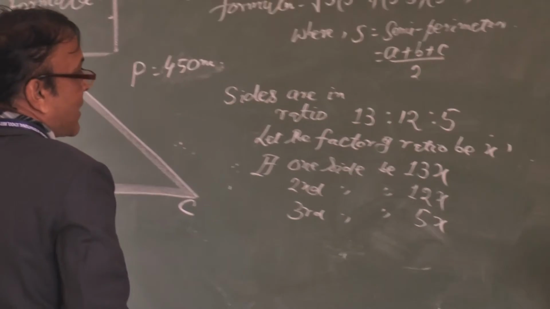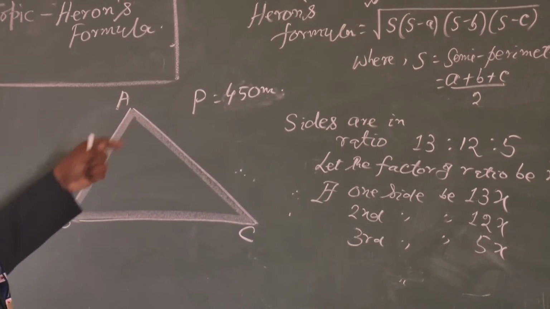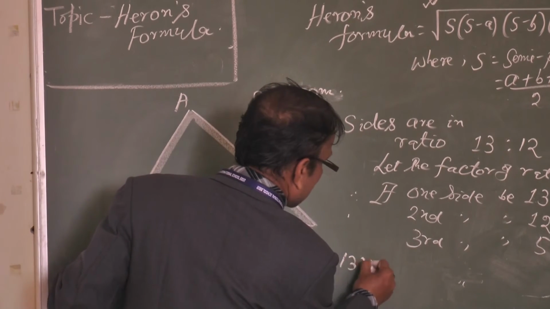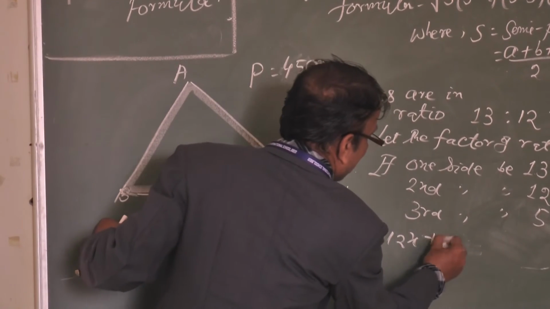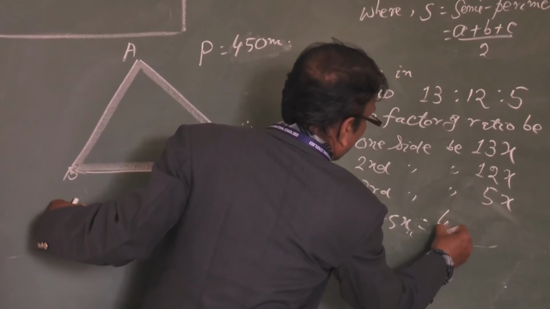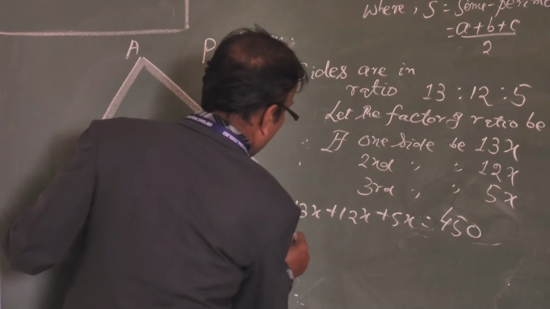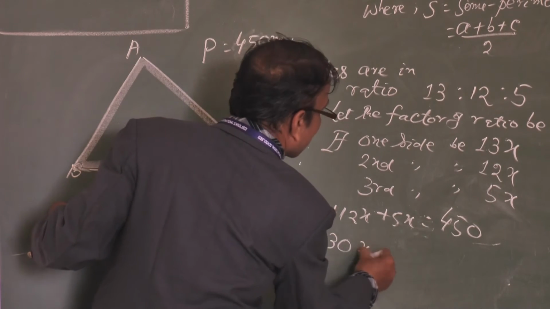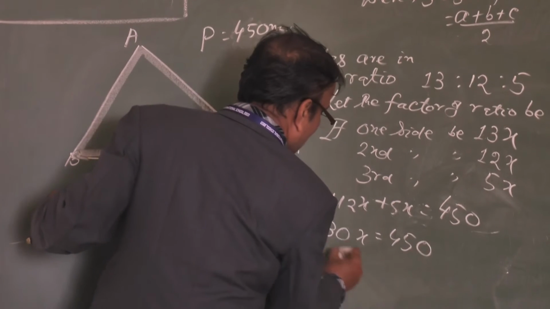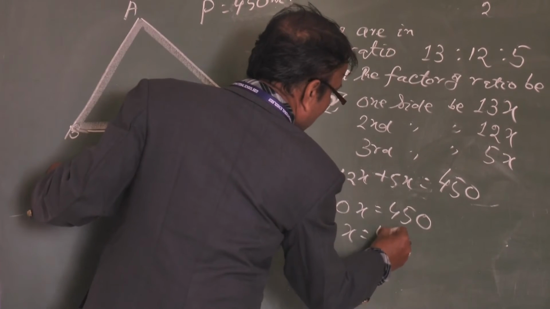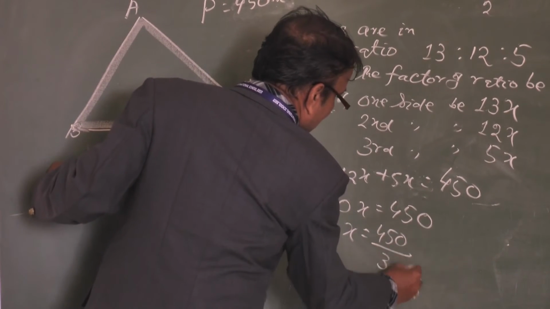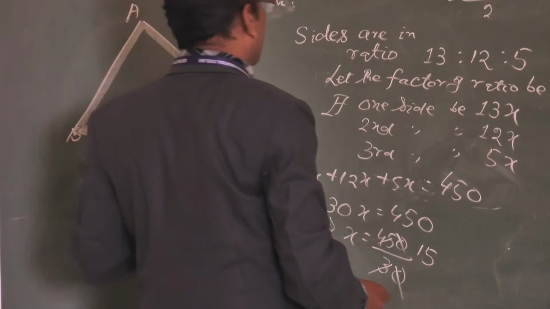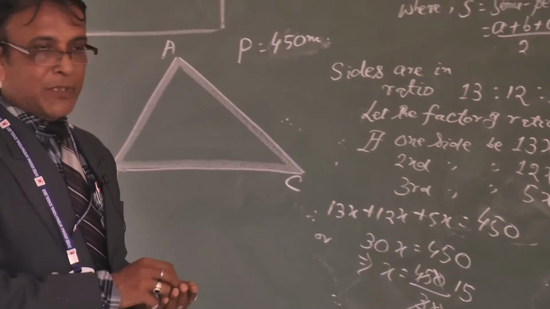So 13x, 12x, 5x, but its perimeter is given as 450. Therefore 13x plus 12x plus 5x is equal to 450, or 30x is equal to 450, which implies x is equal to 450 by 30, that is equal to 15. That means the x value we got is 15.